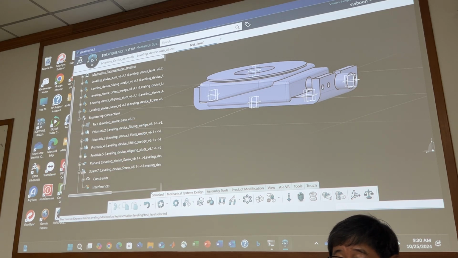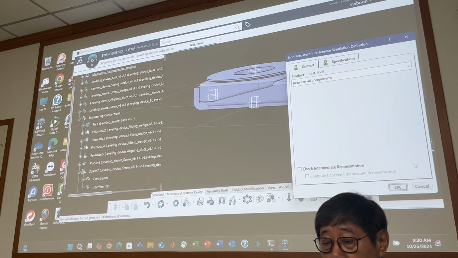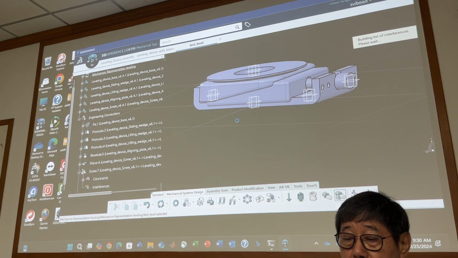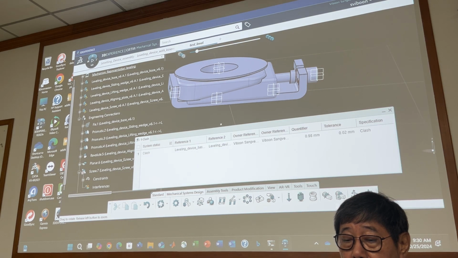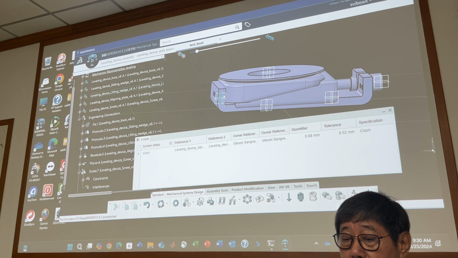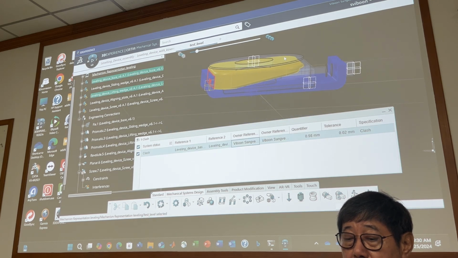If you check crash, you see that this one crashes over there, in this location.